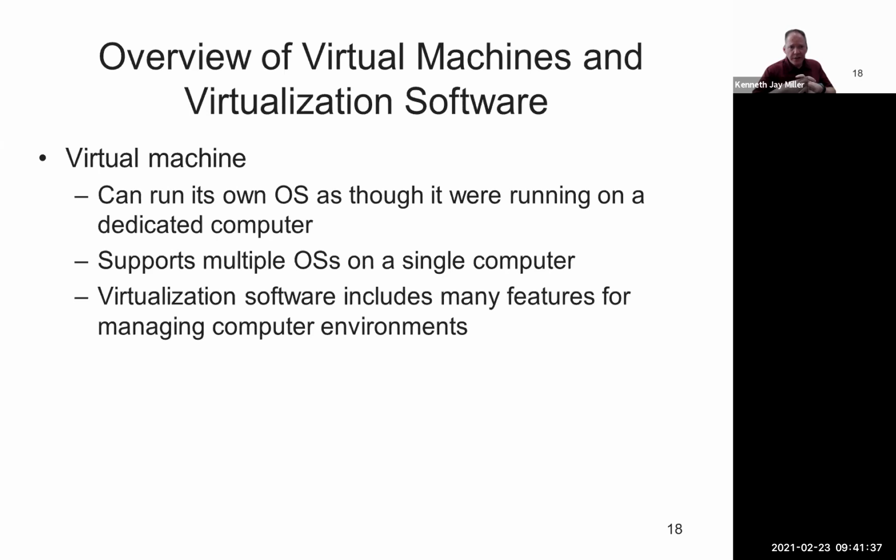So it would probably be logical for you to assume Microsoft's hypervisor is going to work best with its own operating systems, right? It's going to be more friendly to Microsoft operating systems than it may be to, say, Linux or BSD or any of these other operating systems.